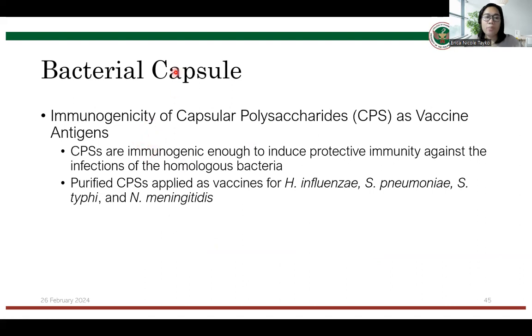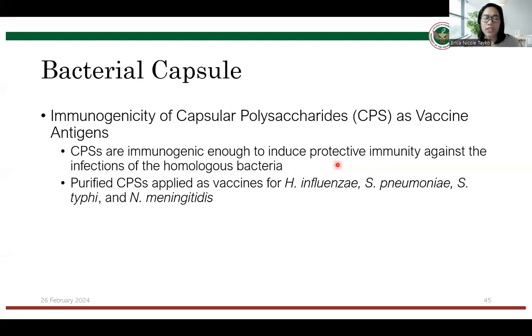So when the capsular component of your bacteria are extracted from your bacteria, they can now be used as components in vaccine development. Kasi the immunogenic response ng body towards yung capsule. So, di ba, they can actually be used to develop your vaccines.